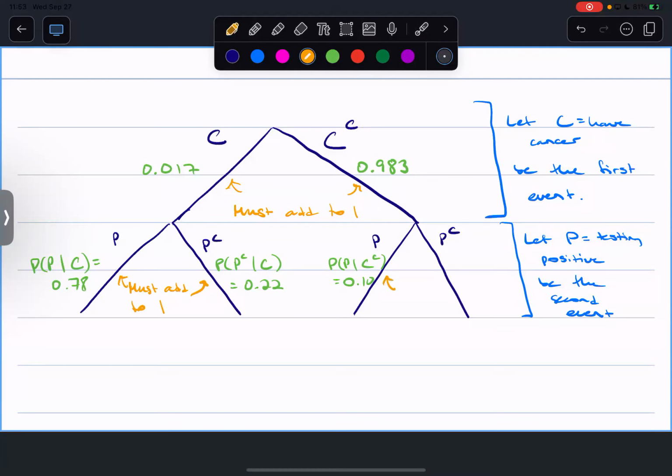Again, of course, these have to add to 1. So the probability of not testing positive given that they don't have cancer is 0.9.